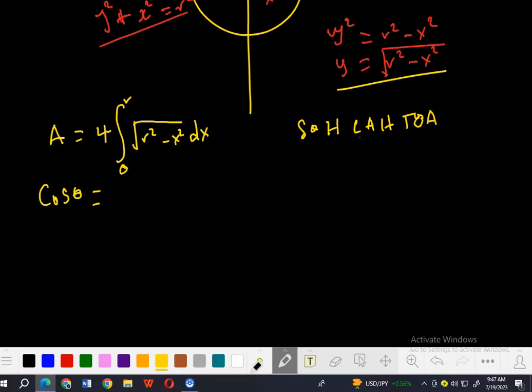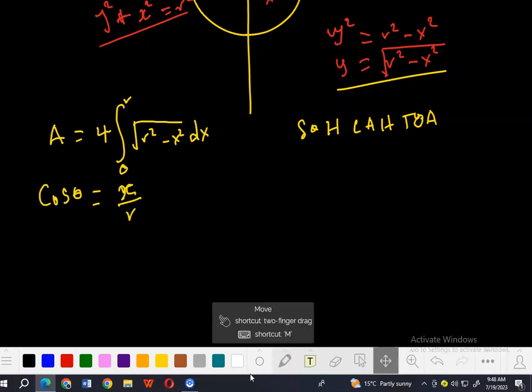So we are looking for cosine, which is adjacent over hypotenuse. Is that okay? Yes. So now, since we are looking for cosine, which is adjacent over hypotenuse, this is going to be x divided by r.